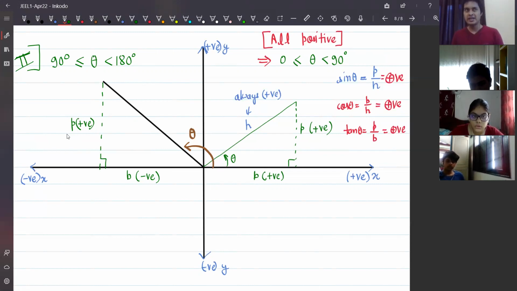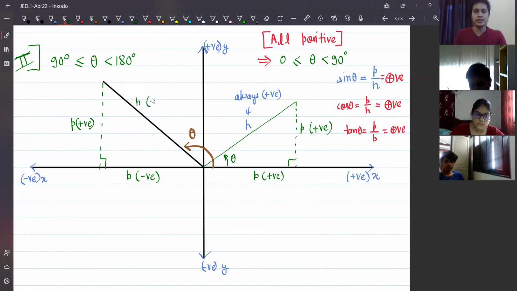In most books, you have to memorize sine 90 plus theta is cos theta, cos 90 plus theta is minus sine theta. If you use this technique, you don't have to memorize anything. With the previous values and this trick, you get the values of all the ratios for the common angles.